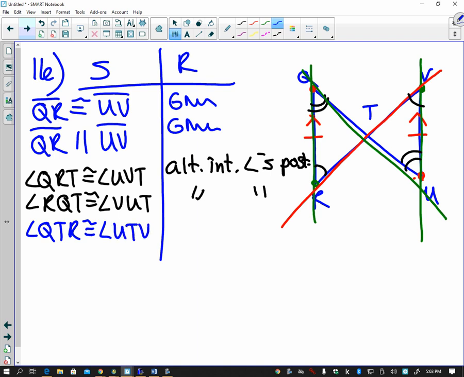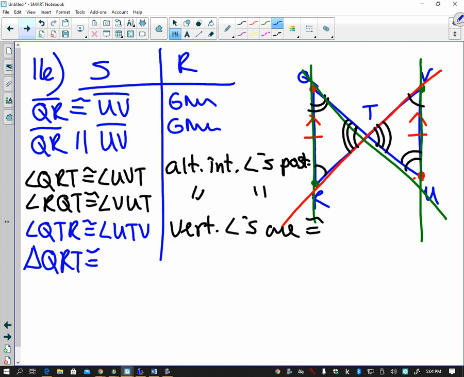So what we're saying is this angle is congruent to this angle because vertical angles are congruent. Now, they've already told me that I've got a side congruent. So there's actually a couple different ways that we can prove that these two triangles are congruent: triangle QRT congruent to triangle UVT.